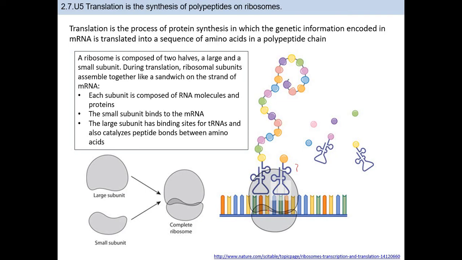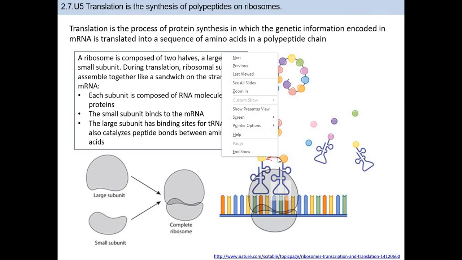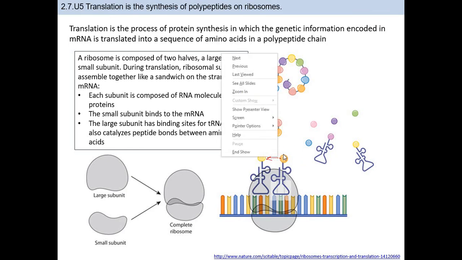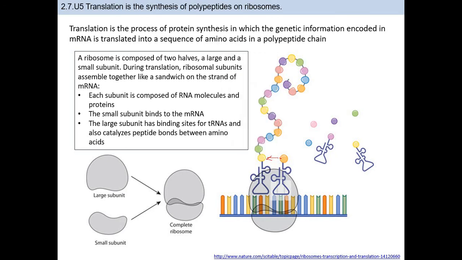Once the mRNA is moving through the ribosome, the tRNAs come one after the other, and the link between the previous amino acids and the new amino acid forms, and the chain forms like this.